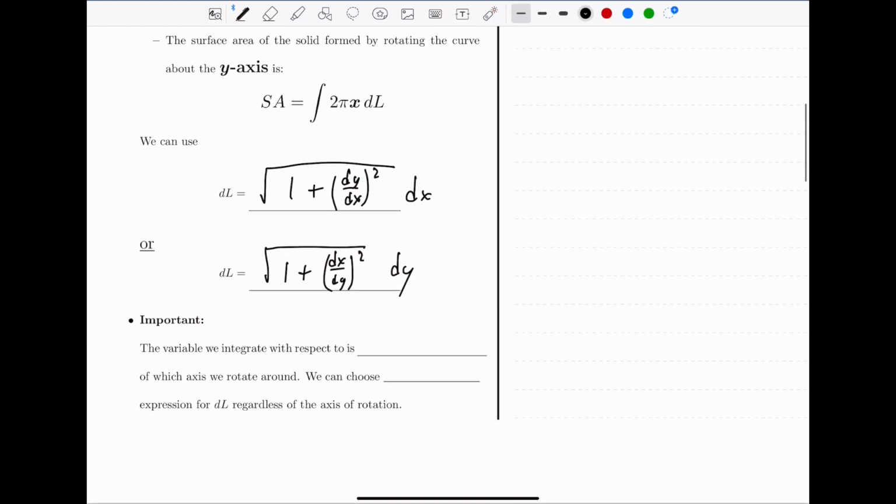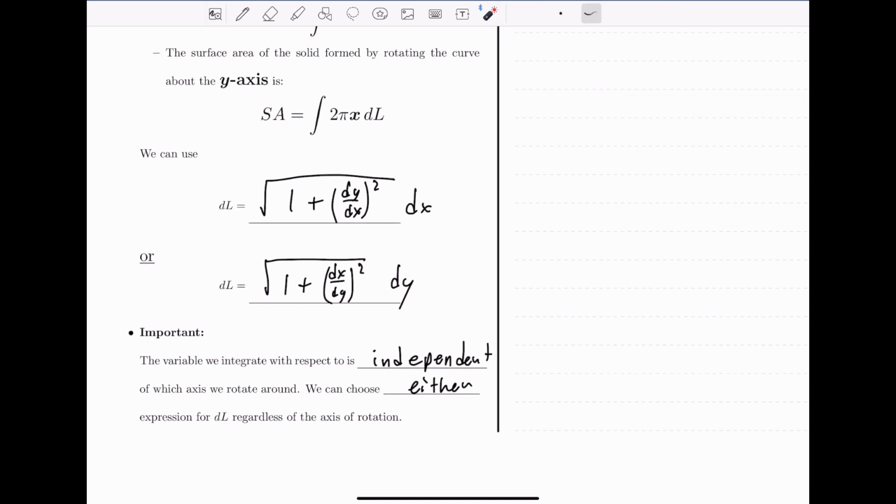So an important point is that the variable we integrate with respect to is independent of the axis that we're choosing to rotate around. We can choose either expression for dl, regardless of the axis of rotation. In fact, we could set up two different integrals, one integrating with respect to x, the other with respect to y, that would give us the same surface area rotated about either the x or y axis.